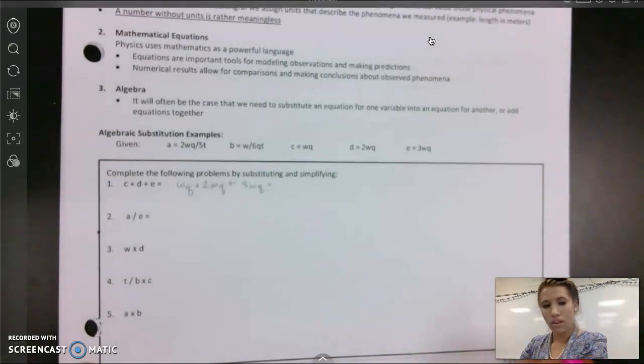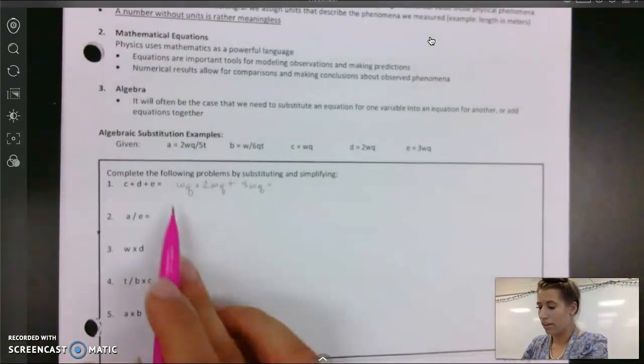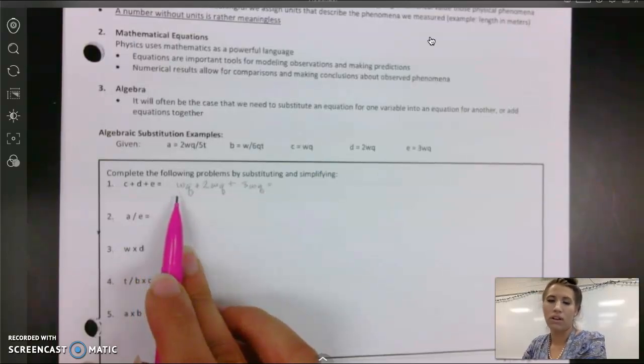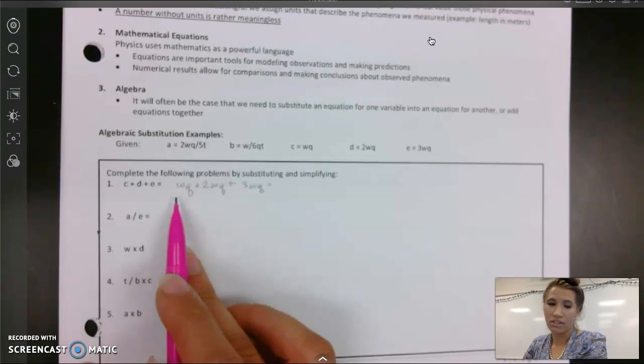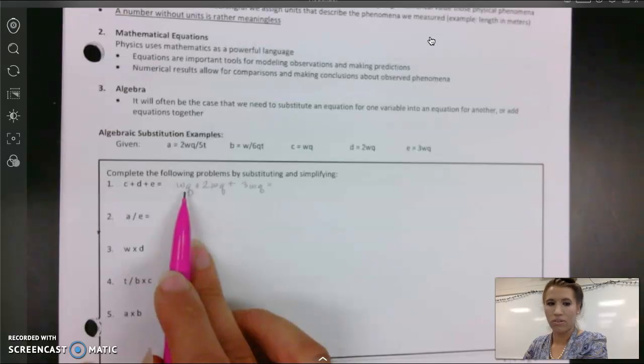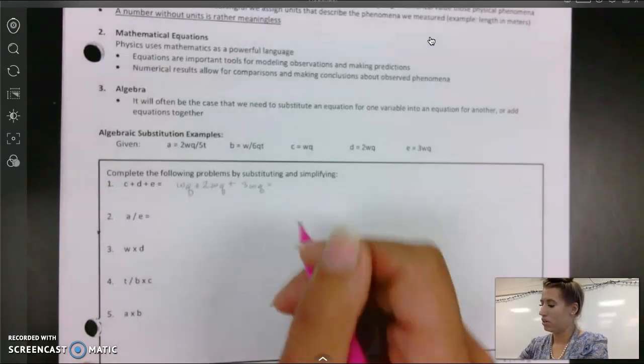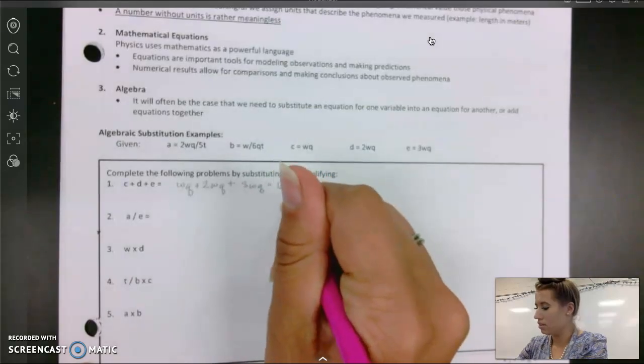We could write the 1 in front of this if we wanted to. This is 1WQ, but we don't have to, and you don't often see that. And so we're taking 1WQ and adding it to 2 and adding it to 3 for a total of 6WQ.